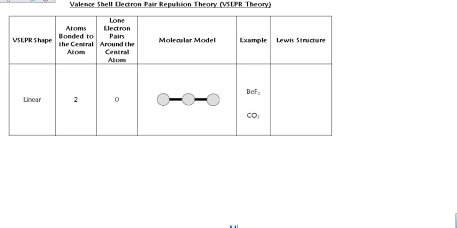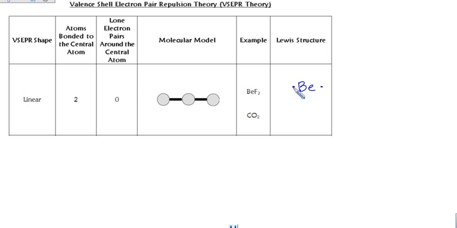When we do these 3-dimensional models, we usually start with a Lewis structure. So for example, this beryllium molecule, this would be an easy Lewis structure. Beryllium only has 2 valence electrons. 1, 2. And we usually put them on opposite ends of the beryllium to show that electrons are negative and like charges repel.